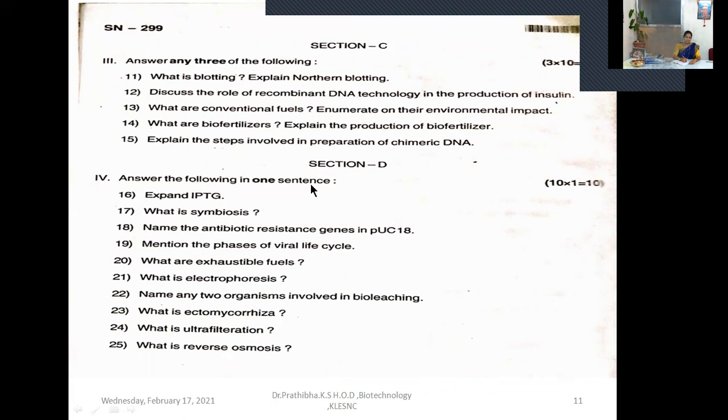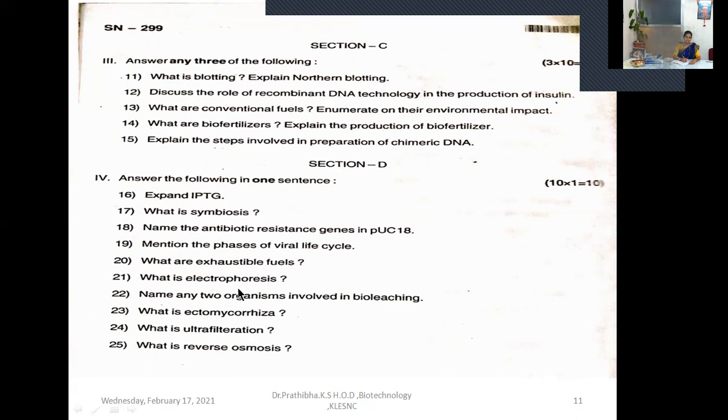Answer the following in one sentence or one word. Expand IPTG. What is symbiosis? Name the antibiotic resistance gene in pUC18. Mention the phases of viral life cycle. What are exhaustible fuels?